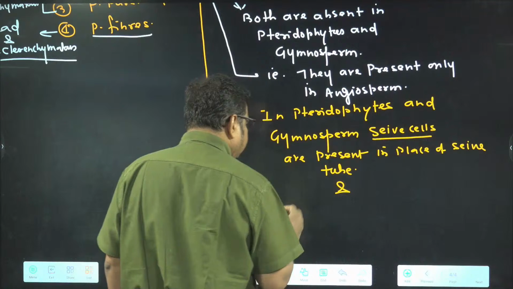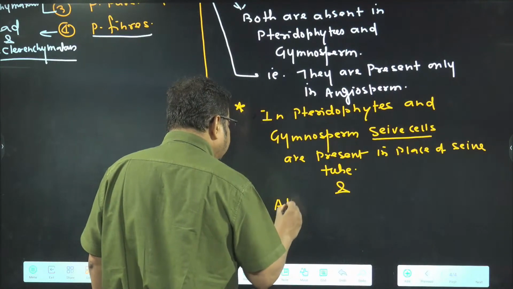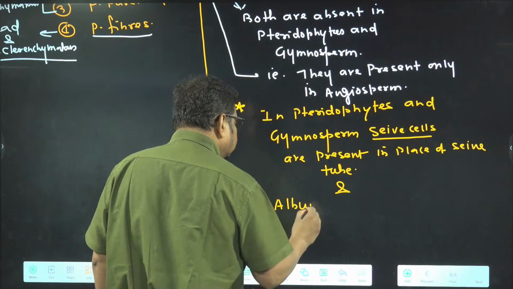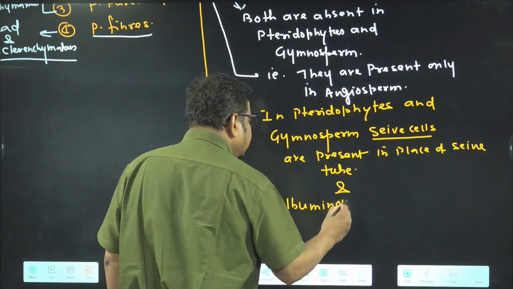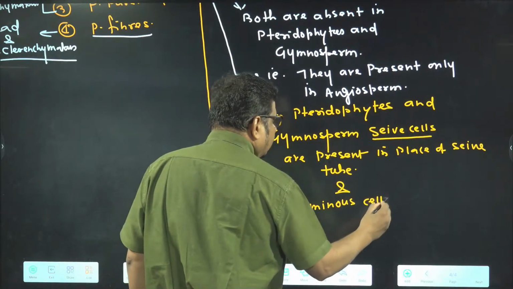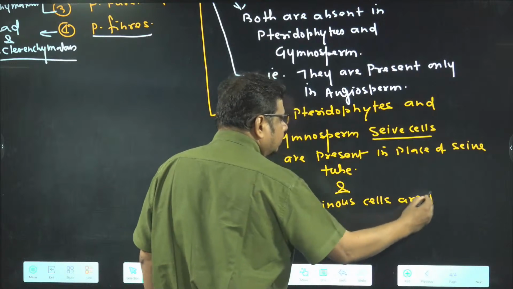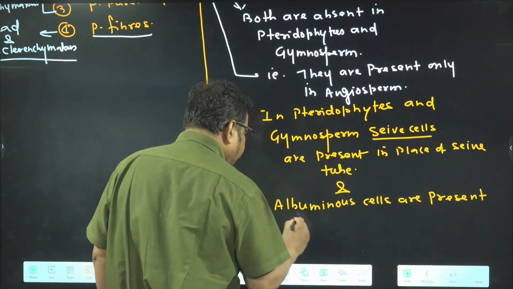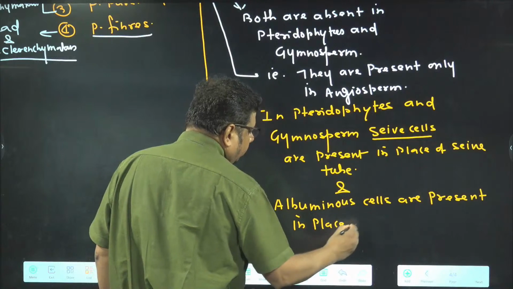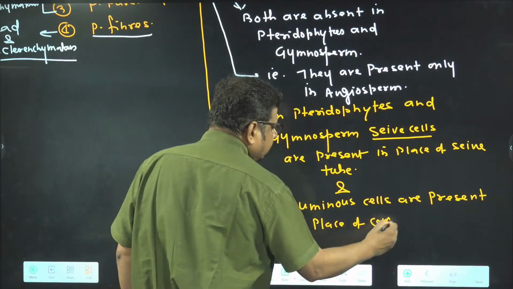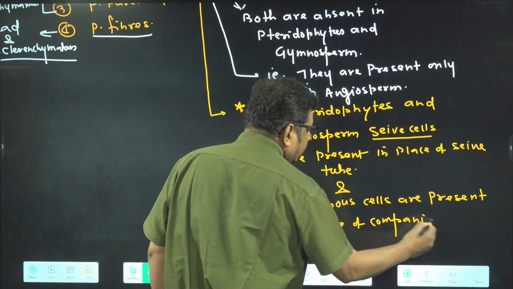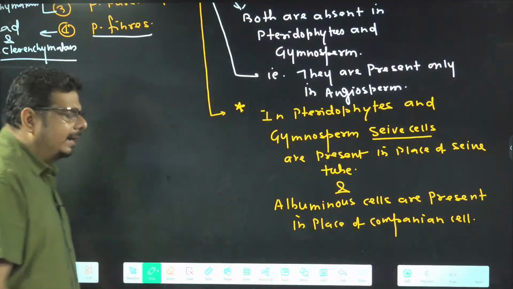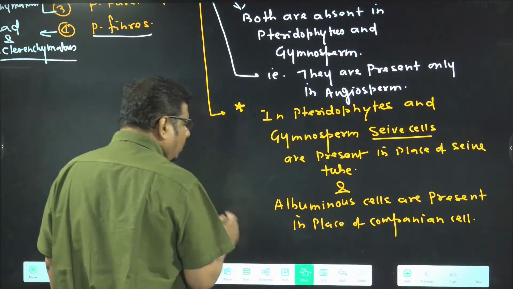And albuminous cells are present in place of companion cell. Clear or not?